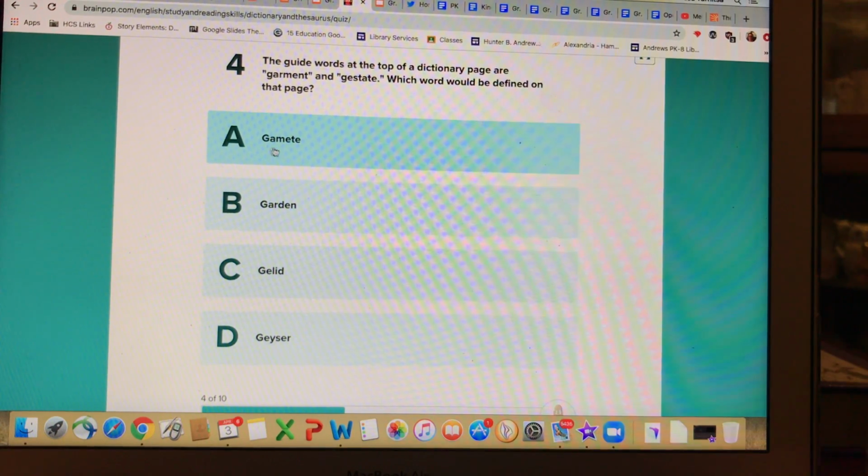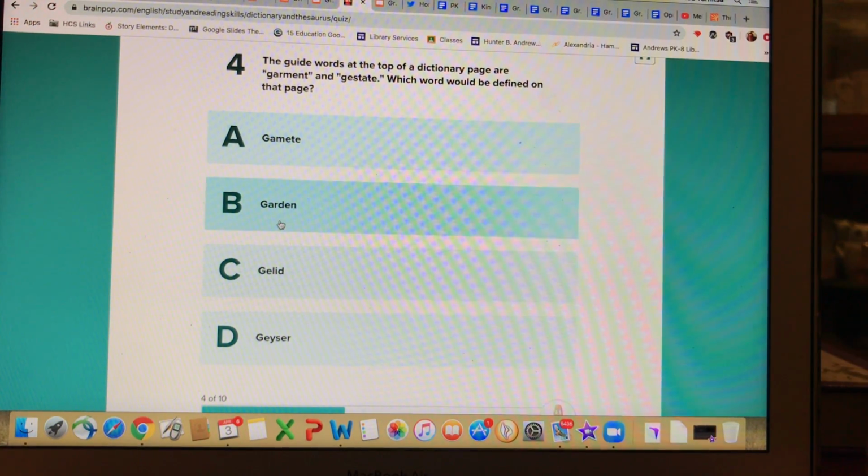Well, gamete has G-A-M. Well, G-A-R, well, M comes before R, so it's not going to be in between. Garden, G-A-R-D. Well, let's look. G-A-R-D. Here we have G-A-R-M. Okay, well, D comes before M, so it wouldn't be in between.